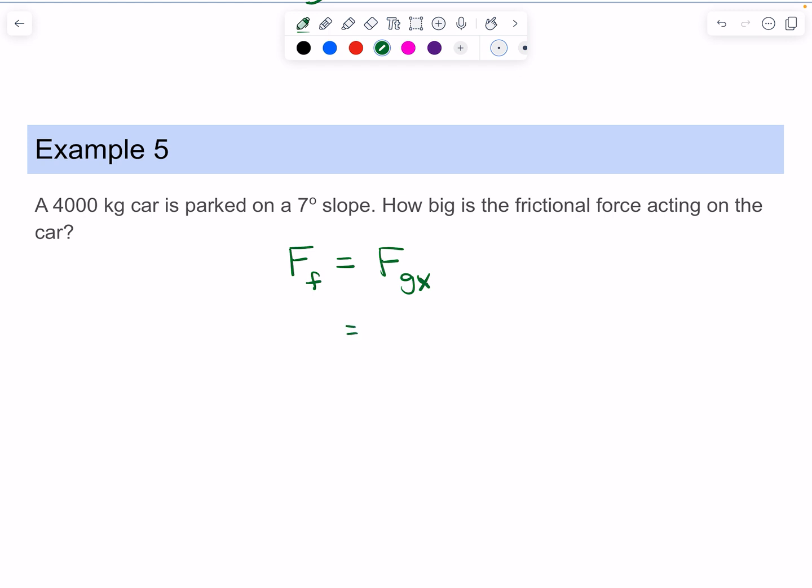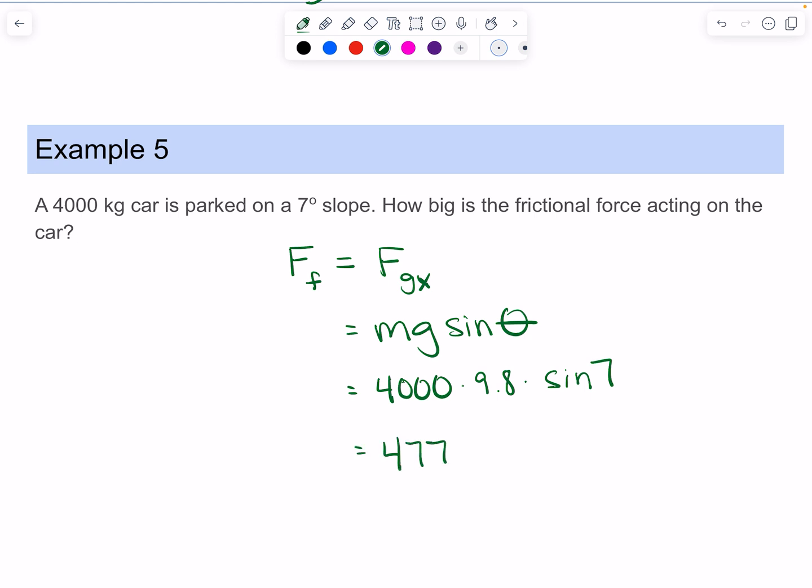I know that Fgx is equal to mg sine theta. So if I take 4,000 kilograms times 9.8 times the sine of that 7-degree slope, I get a frictional force of 477 newtons. So that's it for the basics.